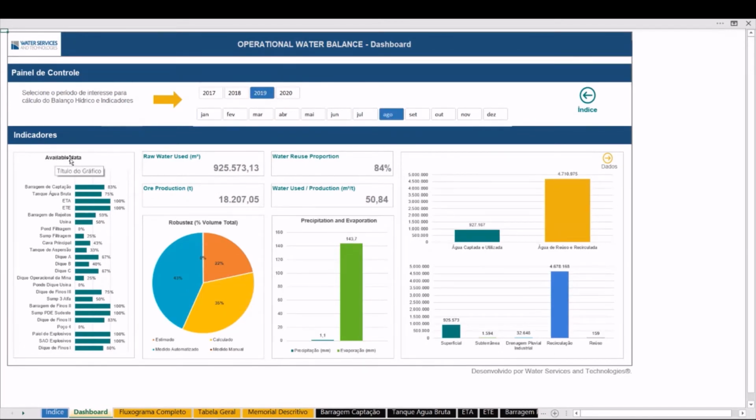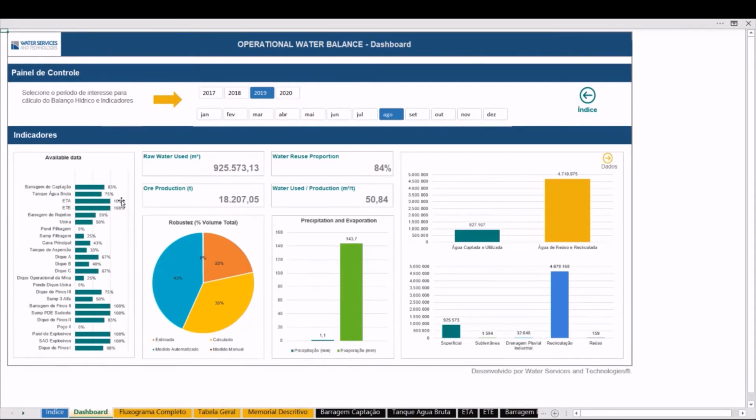And here on the left, just for the user's information, we have the percentage of available data for each structure of this mining complex. For example, on this structure, the water treatment plant, let's say we have 10 different water fluxes and we have data for all 10 fluxes.